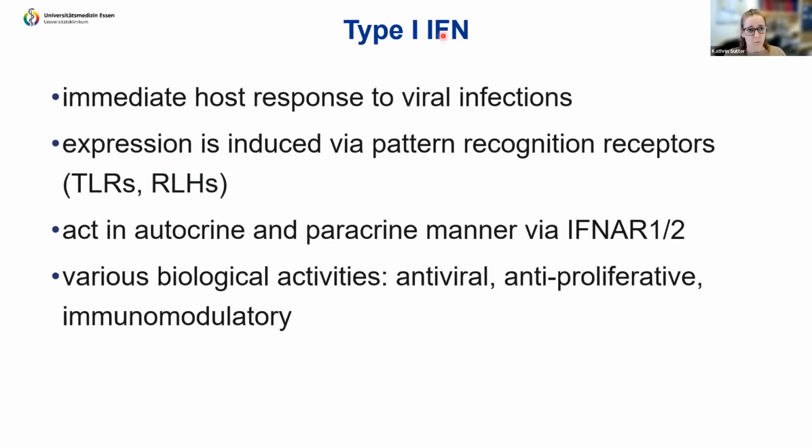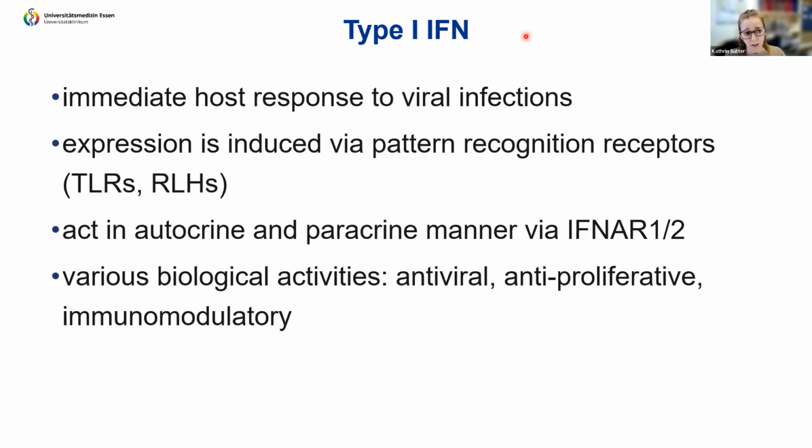So what are these type 1 interferons? We say they are the immediate host response to viral infection. When you have a viral infection, within minutes or within hours, type 1 interferons are produced. And how are they produced? The viruses, but also other pathogens, are recognized by so-called pattern recognition receptors.